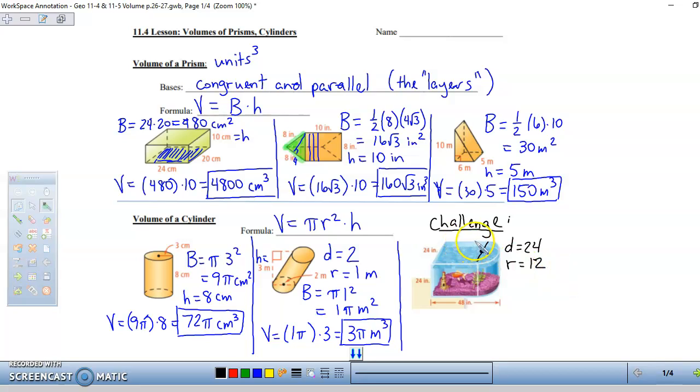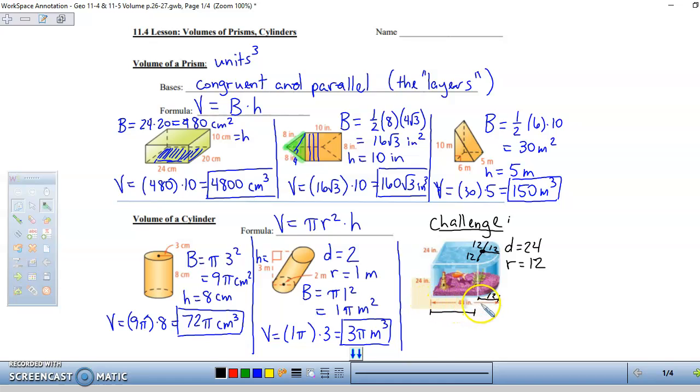Now, the cool thing about that, so that's 12, we could also draw the 12 going this direction. That is 12. So that is what this part is as well. That's 12. What that allows us to do is figure out this other dimension of the box.